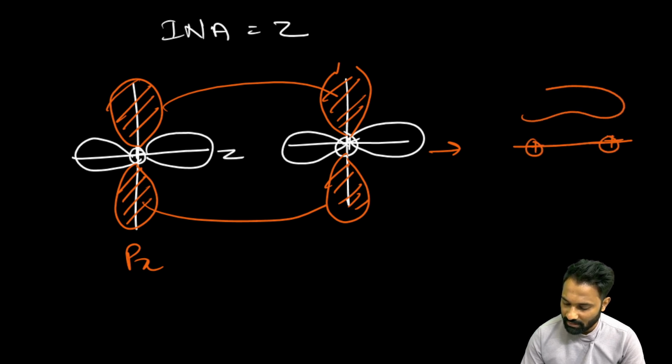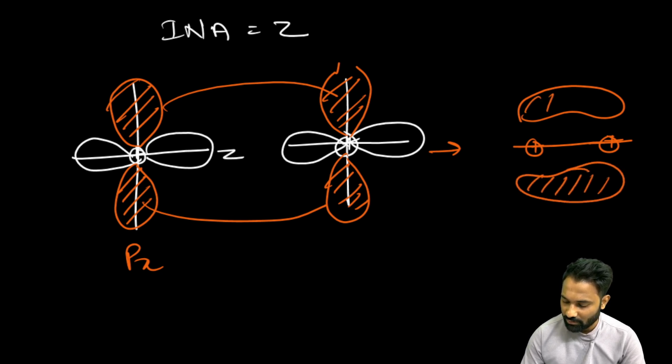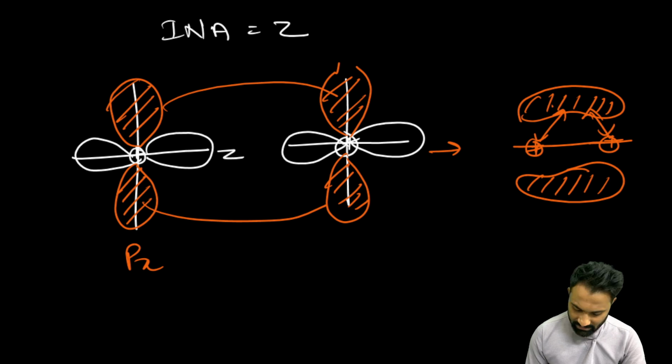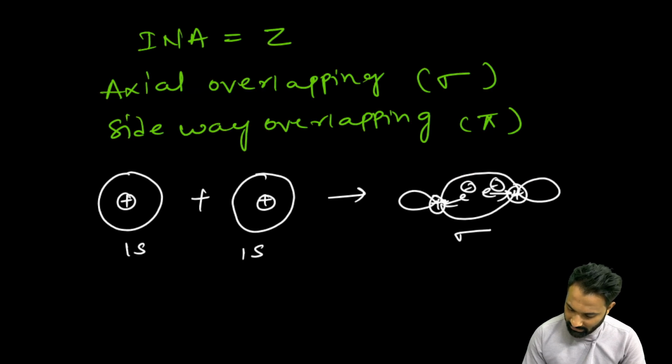Now here the electron density will be high in this pi bond. Electron density will be high in the pi bond. Now you see, this nucleus and the electron are far away from each other, right? Nucleus and the electrons are far away. So the nuclear attraction between this electron and the nucleus is less. That's the reason compared to the sigma bond, you can see here the sigma bond, this electron and the nucleus are nearer.